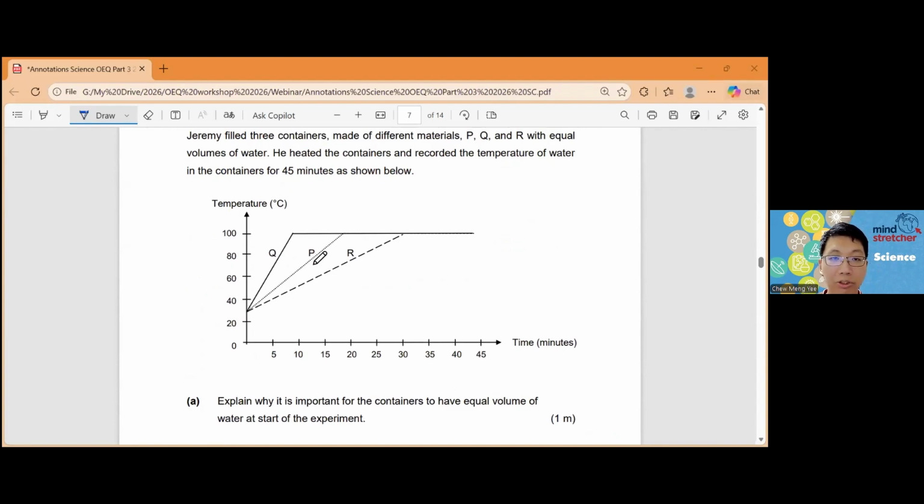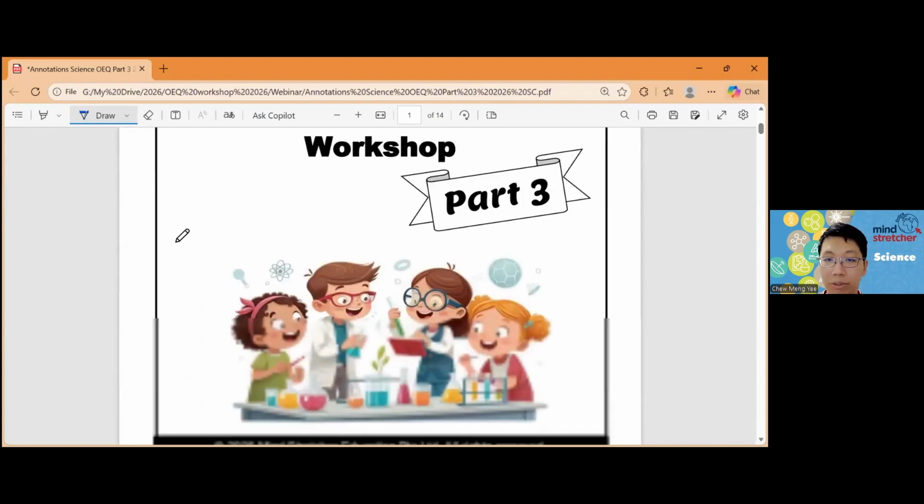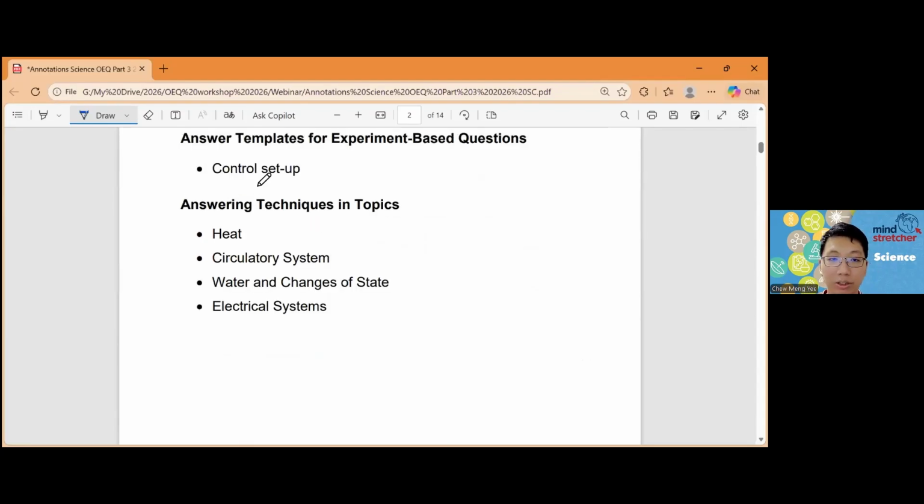Now why do we choose this question? If you look at the content page here, why we choose heat, circulatory system, water, energy. Why do you think we choose these topics?